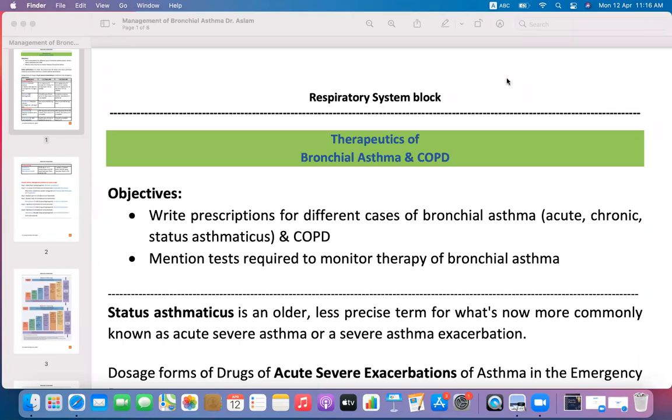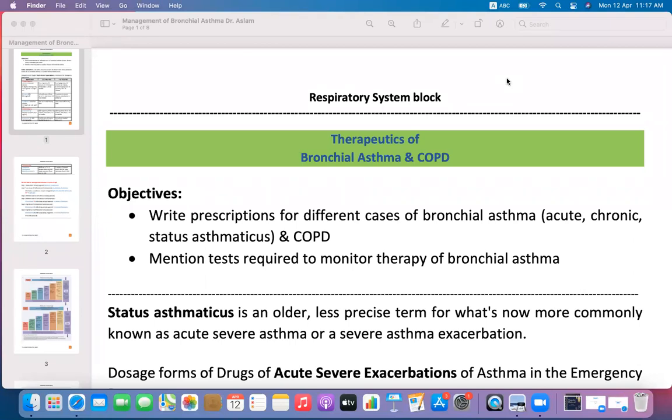Let us continue the second session for the therapeutics of bronchial asthma and COPD. In the first session, we discussed the prescriptions and the drugs that are used in the management of status asthmaticus and acute and chronic asthma in children 0 to 4 years of age and 5 to 11 years of age.